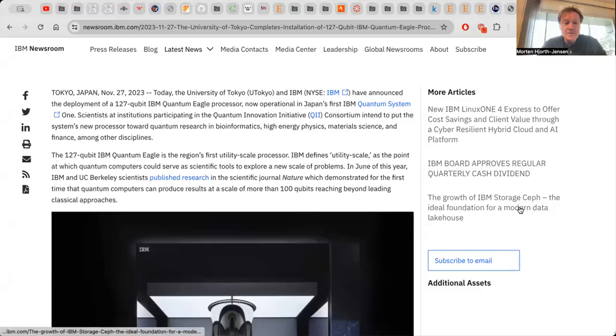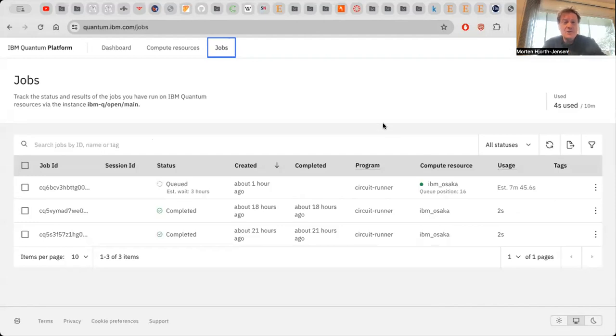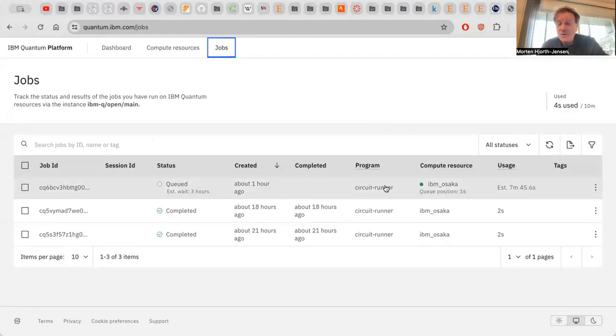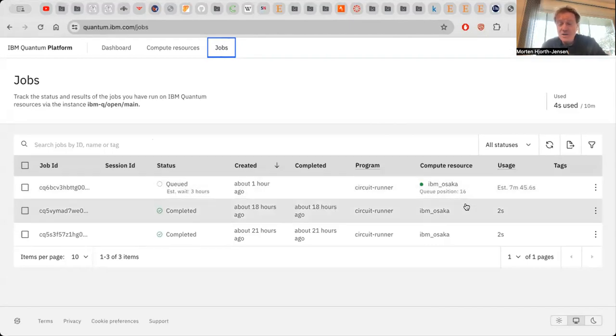So if we go to the IBM machine, you will now see it lists the set of jobs. And you will see that my job on IBM Osaka has been queued, and my queue position is 16. And that has to do with the fact that I'm not paying. If you have an account, a research account, where your institution pays for it, then you move quickly in the queue.